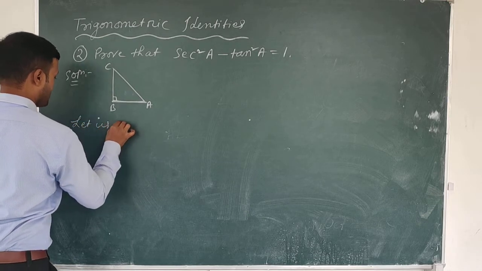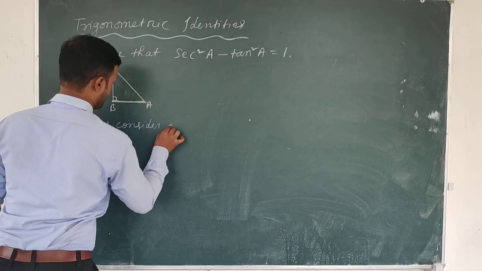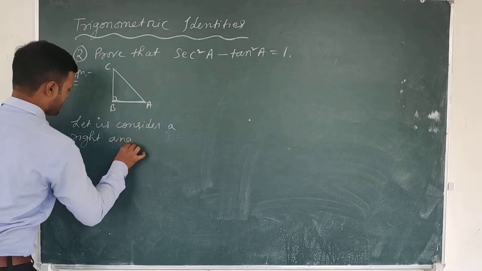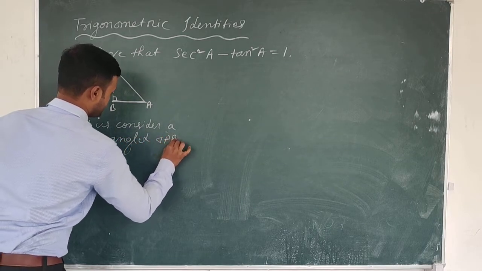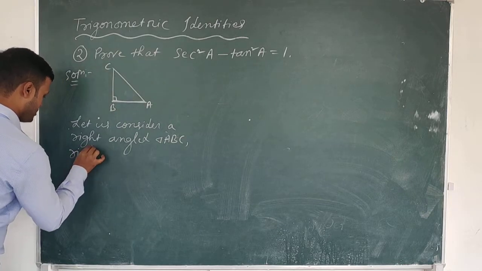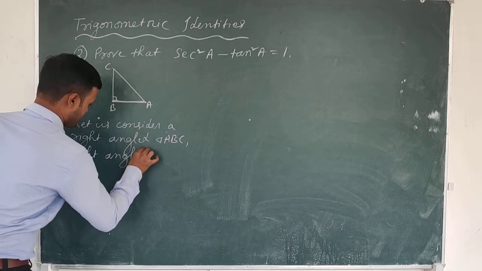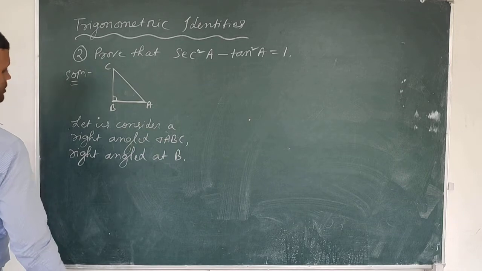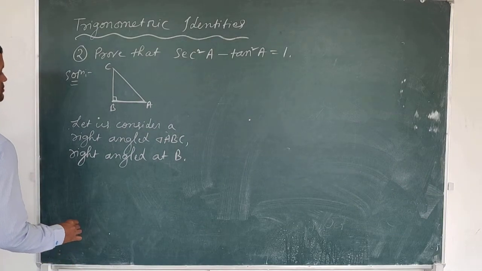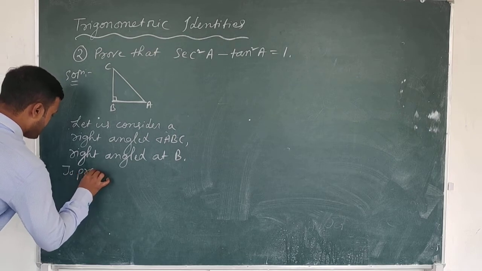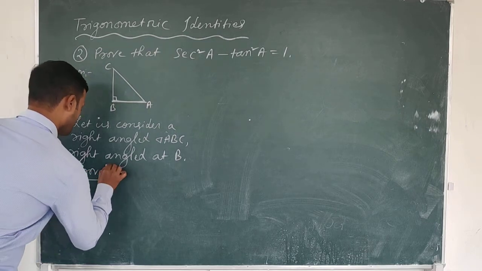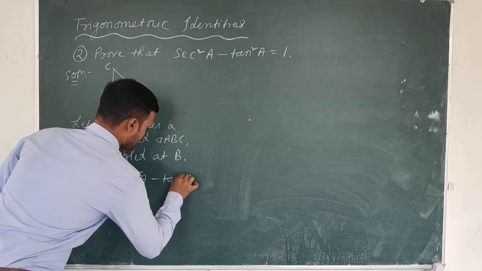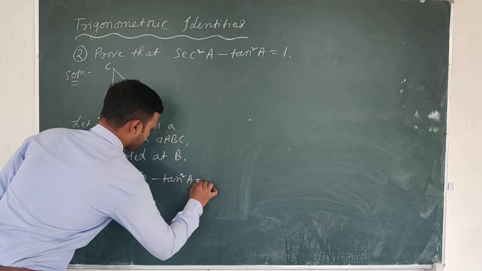Let us consider a right angle triangle ABC, right angle at B. To prove sec square A minus tan square A is equal to 1.